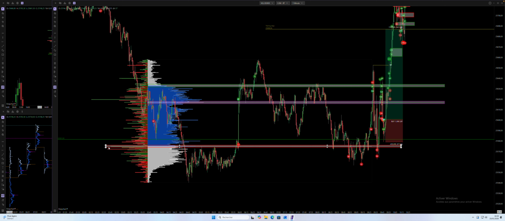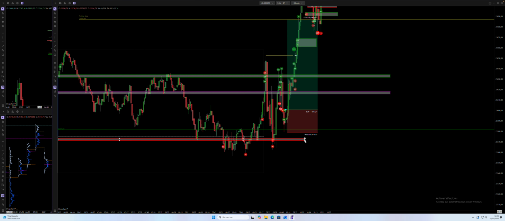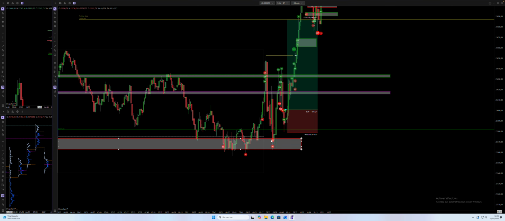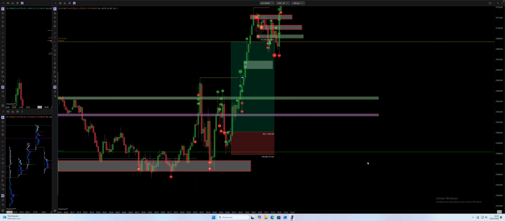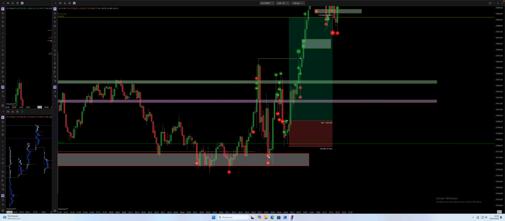We can also see here a lot of delta aggression from the sellers in the discount area, with two big players here and here entering the market without having any result, because you can see that the candle after these sellers goes up.